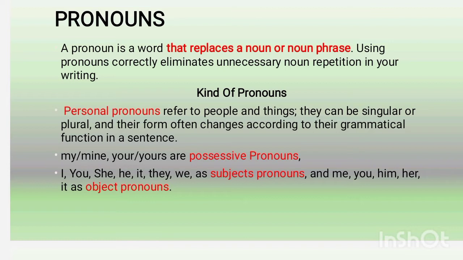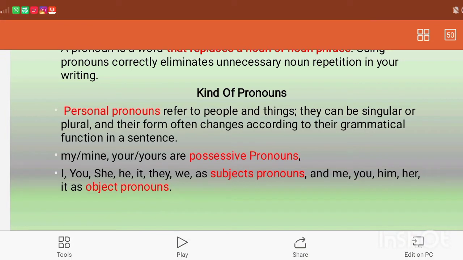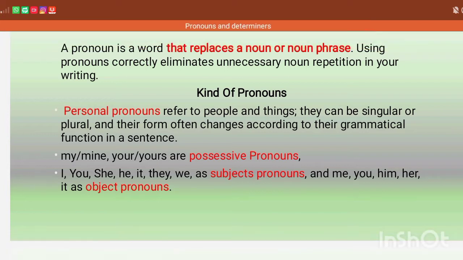Pronouns have several kinds. The first is personal pronouns. They refer to people and things. They can be singular or plural, and their form often changes according to their grammatical function in a sentence.